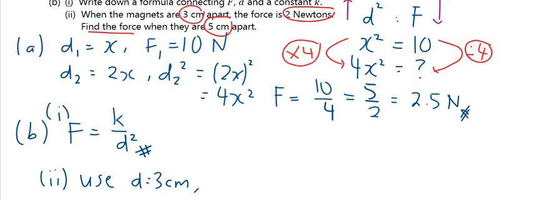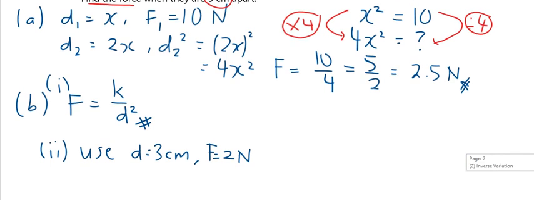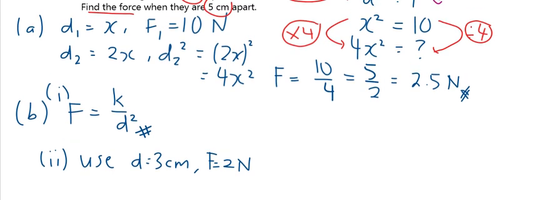And then for 3 centimeter distance, the force is 2 Newton. So I will just straight away put the values in. F is 2, F is 2 equal K over distance is 3 squared.